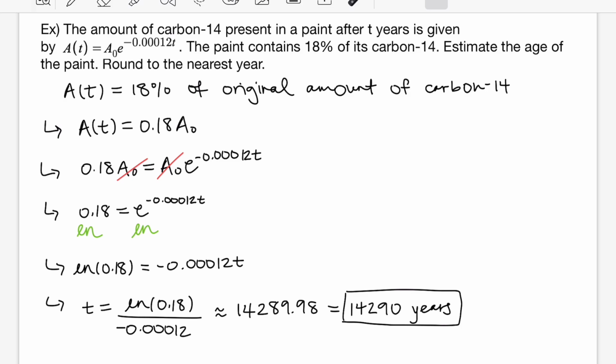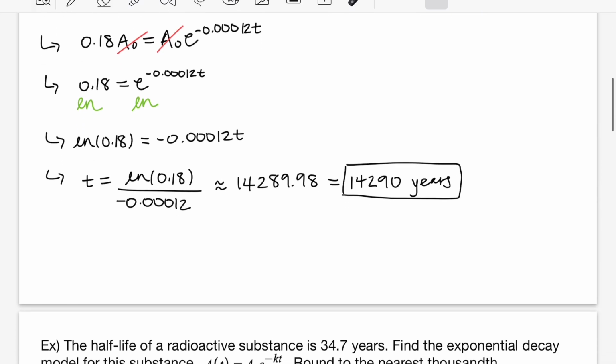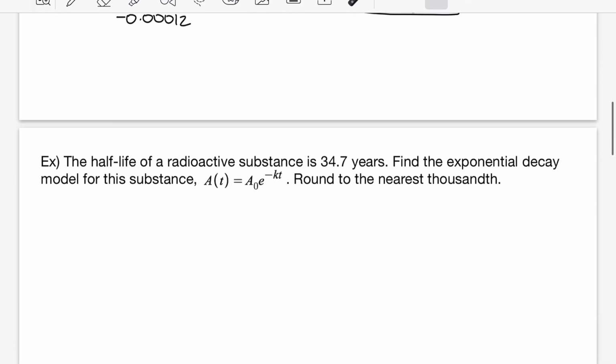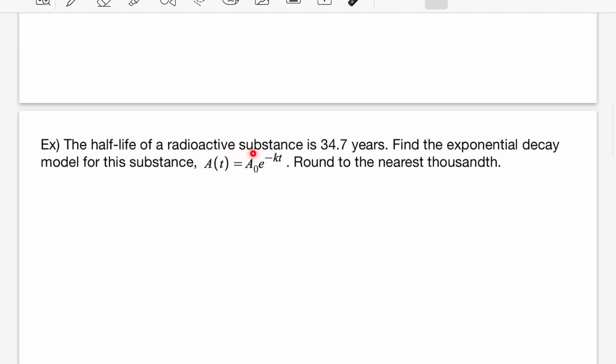All right, let's look at another example here. Now we're looking at the half-life. So we're told that the half-life of a radioactive substance is 34.7 years. We want to find the exponential decay model for this substance, which is of this form here. And we'll round this answer to the nearest thousandth.